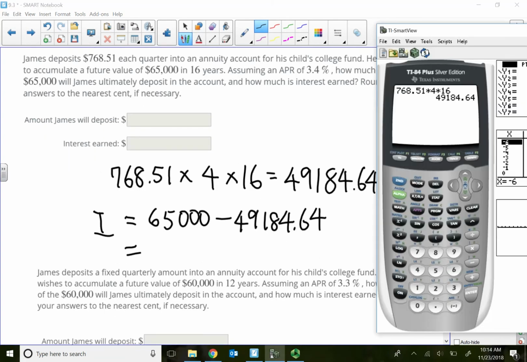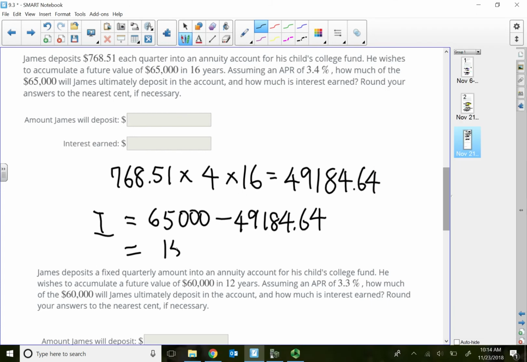All right, so if I subtract, the interest earned is $15,815.36. Okay, so that will be the interest earned.